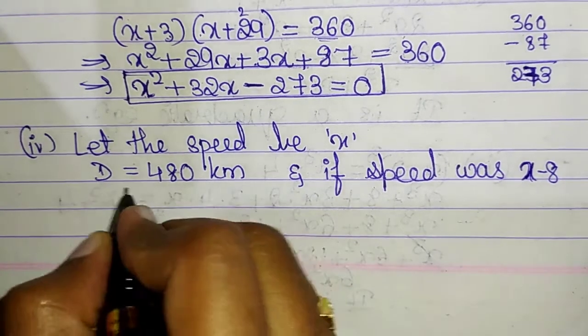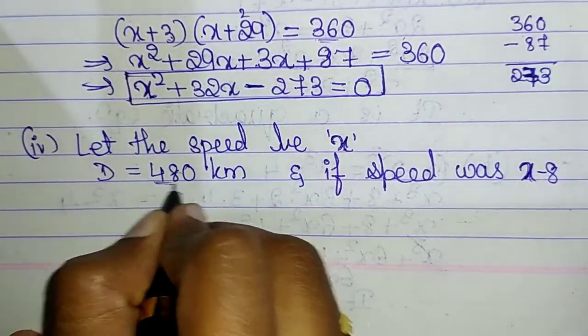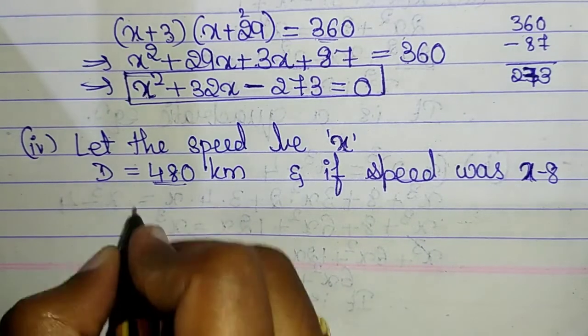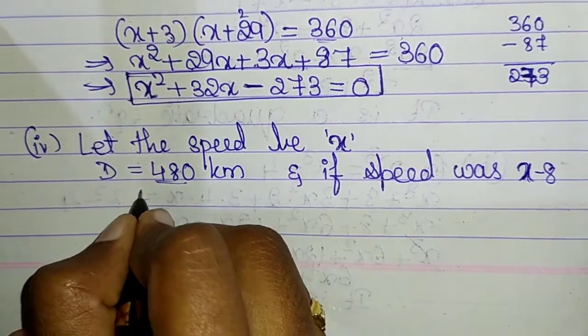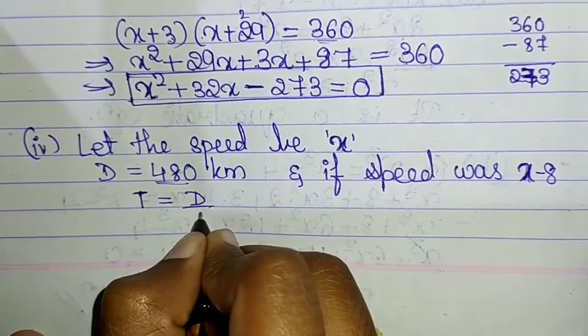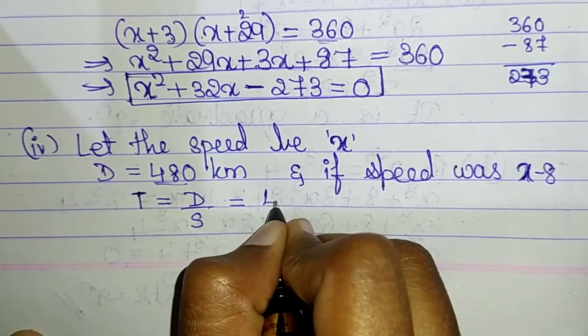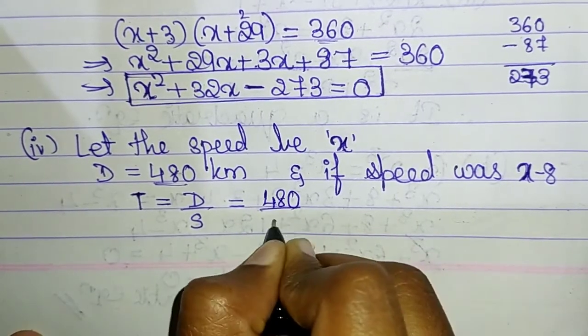So when the speed was x, the distance traveled is 480 kilometers in a certain time. So that time t is equal to distance upon speed, which is equal to 480 kilometers by x.